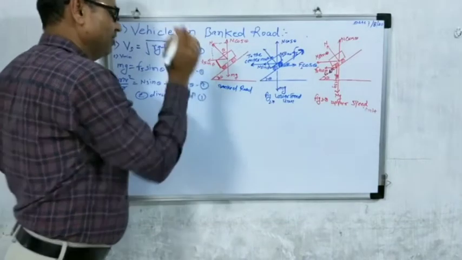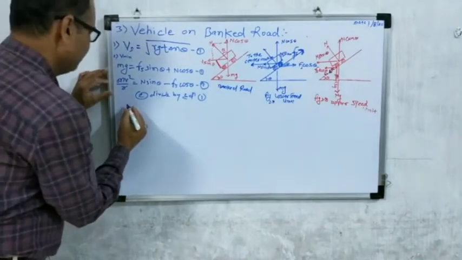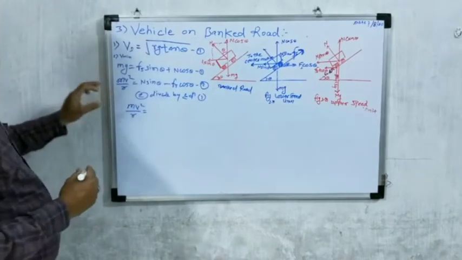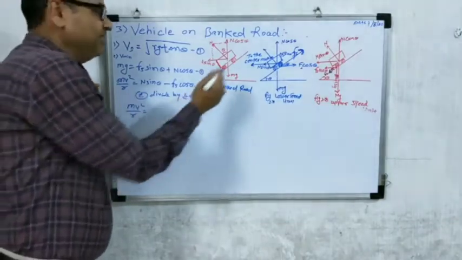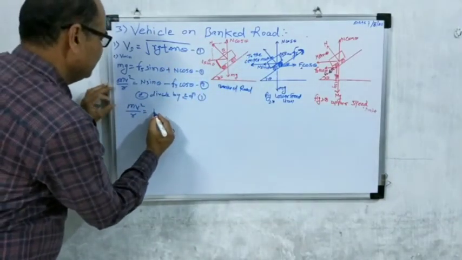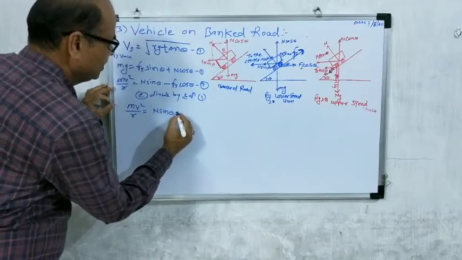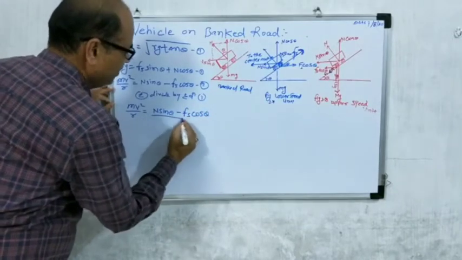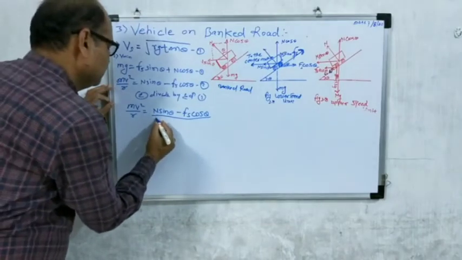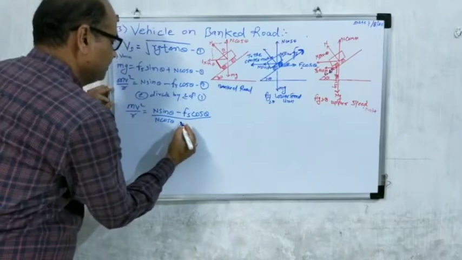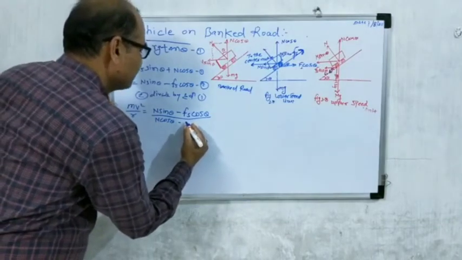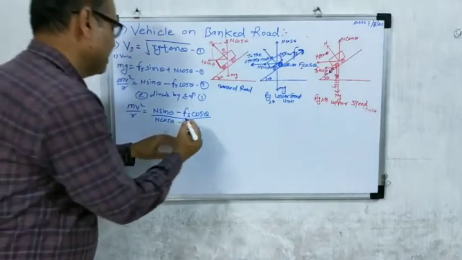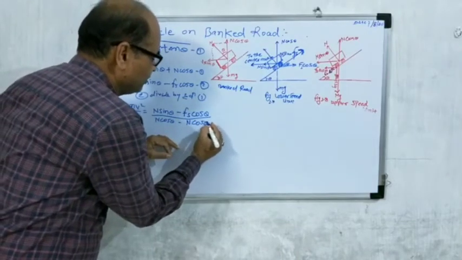Equation 2 divided by equation 1 means mv square divided by r is equal to the centripetal force necessary on the car, that is n sin of theta minus fs cos of theta, divided by n cos of theta minus... yes, the normal reaction means n cos of theta.